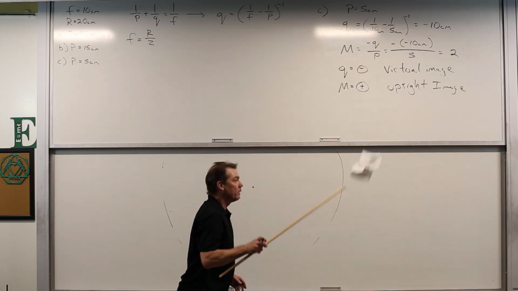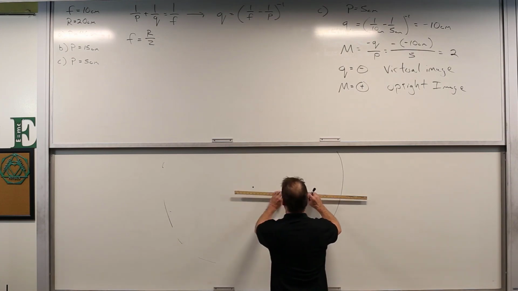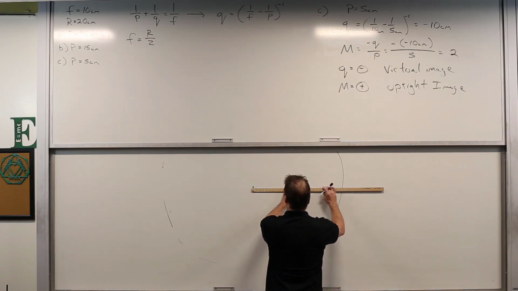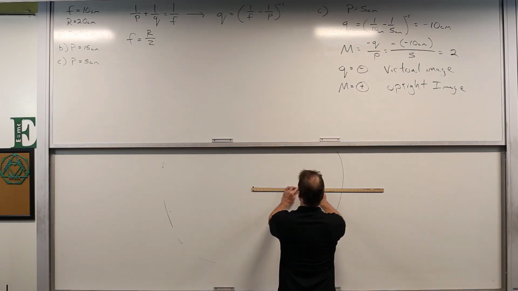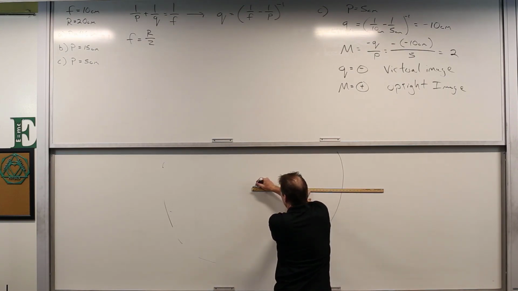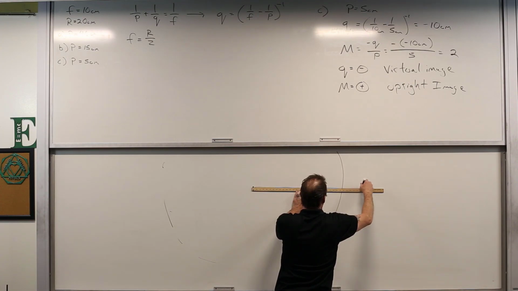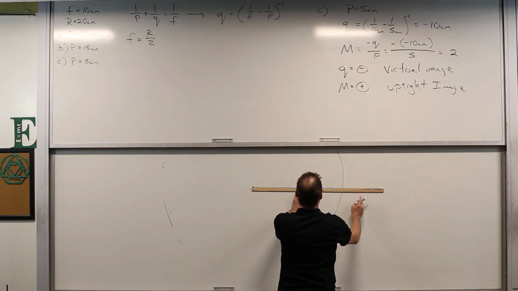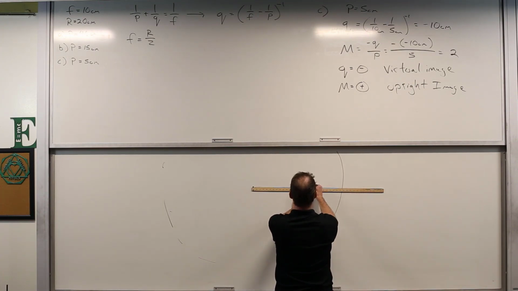That's okay. All right, so we'll draw in our principal axis here. You can already see this is a little bit off. Draw that in, and let's just put this about halfway in between.